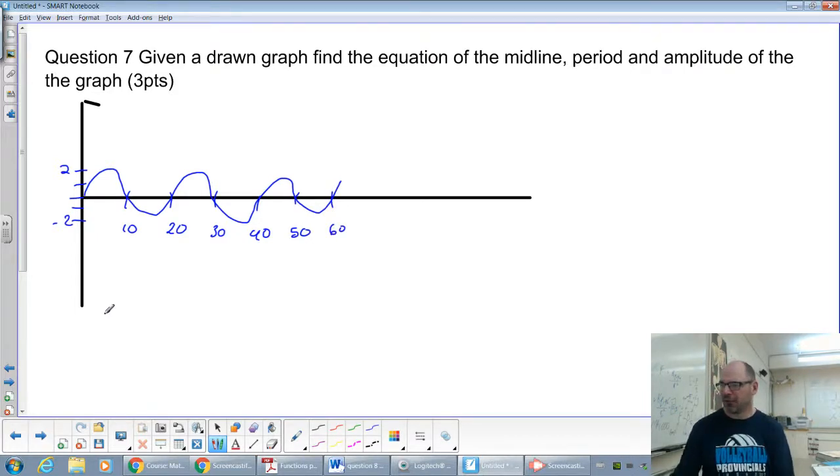Okay, so the equation of the midline is y is going to equal 0 because that's the midline.